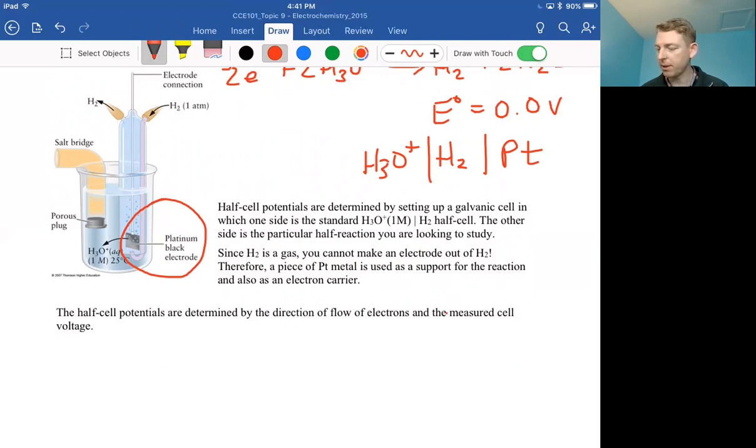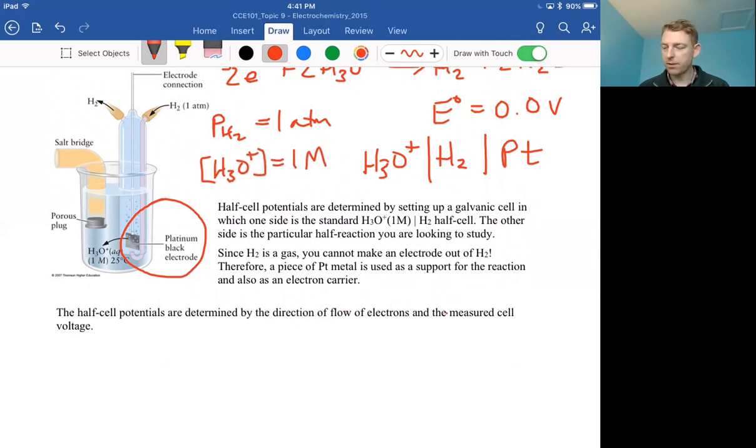What else do we say about the half cell standard? Is that instead of a concentration, we need to think about the pressure of hydrogen gas. So this will be at 1 atmosphere. And the concentration of the acid will be at 1 molar, okay? Like usual standard conditions.